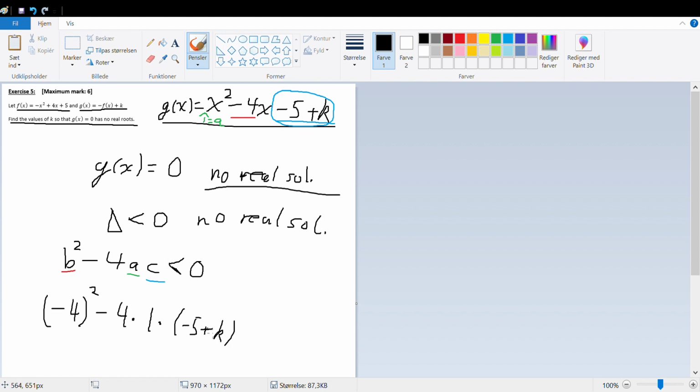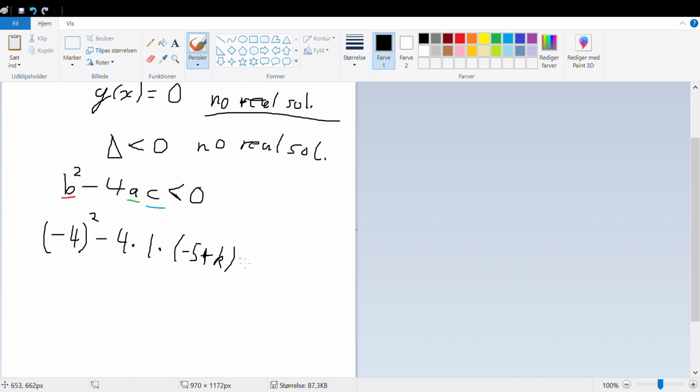All right. Okay, so we look at this and we go, when is this going to be less than 0? Well, it's a little hard to tell right now, so why don't we expand a little bit? Minus 4 times minus 4, that's obviously 16. Next we have minus 4 times 1, that's just minus 4. Minus 4 times minus 5, that gives us plus 20.